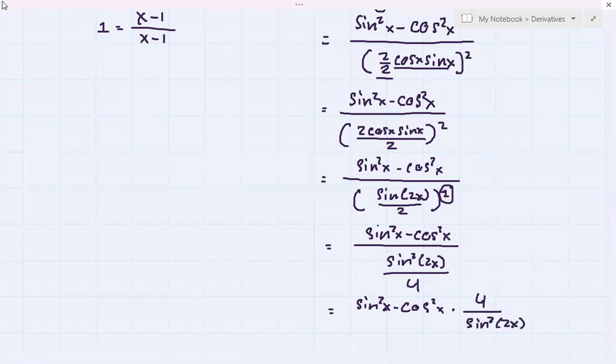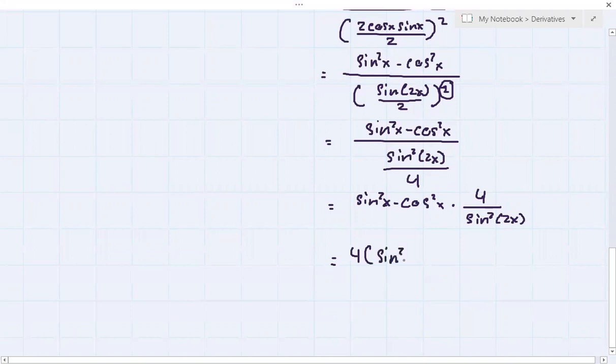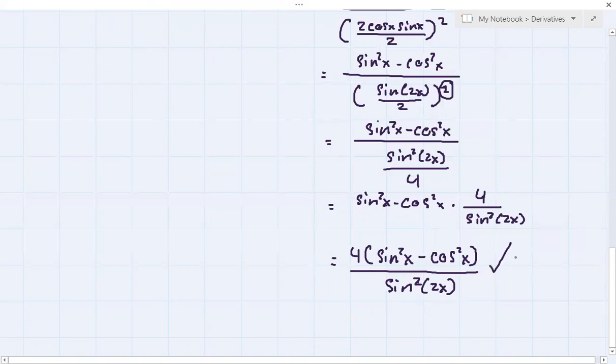So mangyayari dyan, we will have 4 times quantity sine squared x minus cosine squared x all over sine squared of 2x pala. So, pwede na rin to as your final answer. Pwede yan.